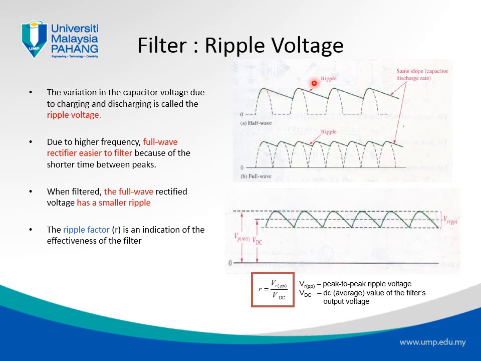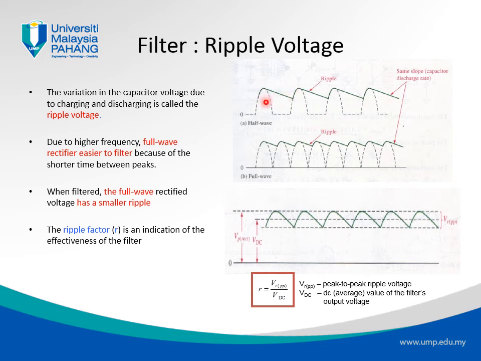A more smooth waveform. But if we compare a half wave rectifier and a full wave rectifier, we can see that the ripples are larger in the half wave rectifier compared to the full wave rectifier. Okay, what is ripple? Ripple is basically the amount of fluctuation that we can see.